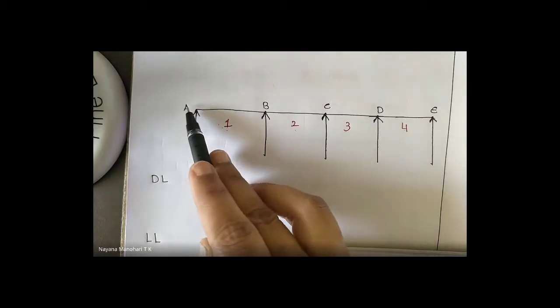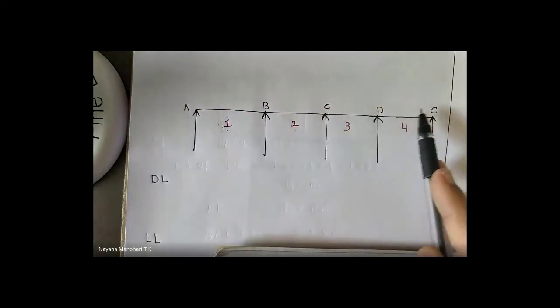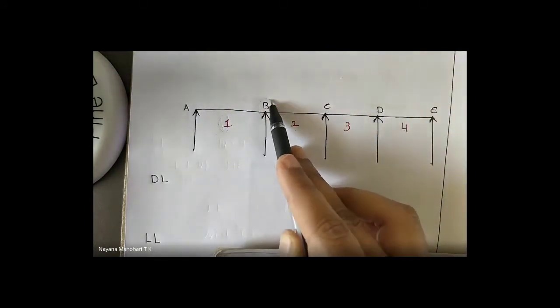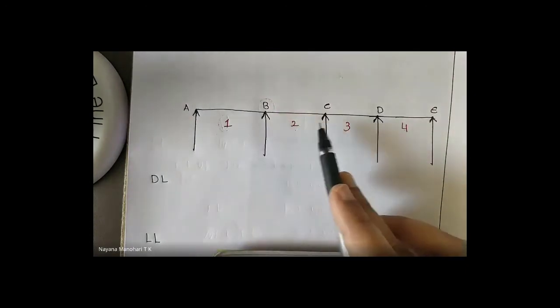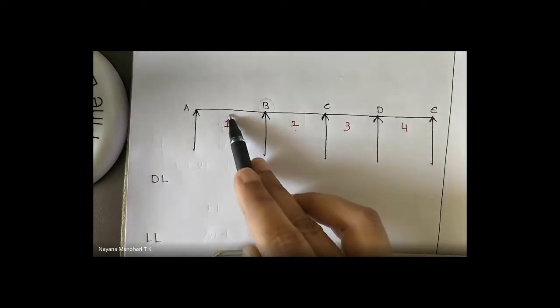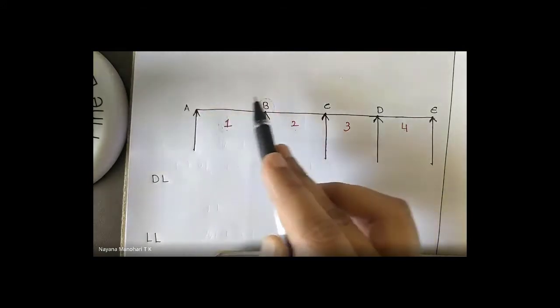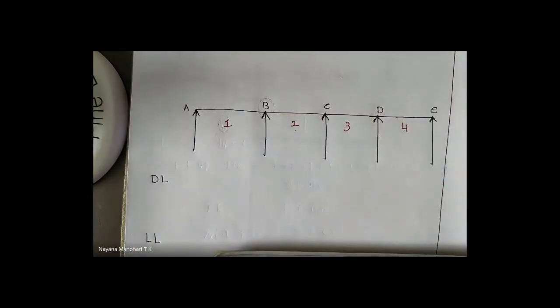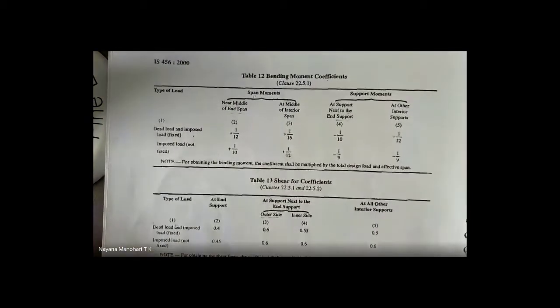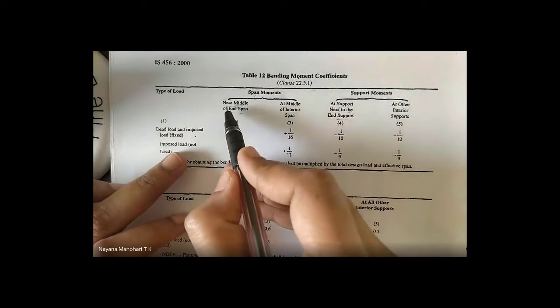At the support, which I wrote as A, B, C, D, E, this point you call the support moment. The numbers 1, 2, 3, 4 are span moments, and the support letters A, B, C, D are support moments.